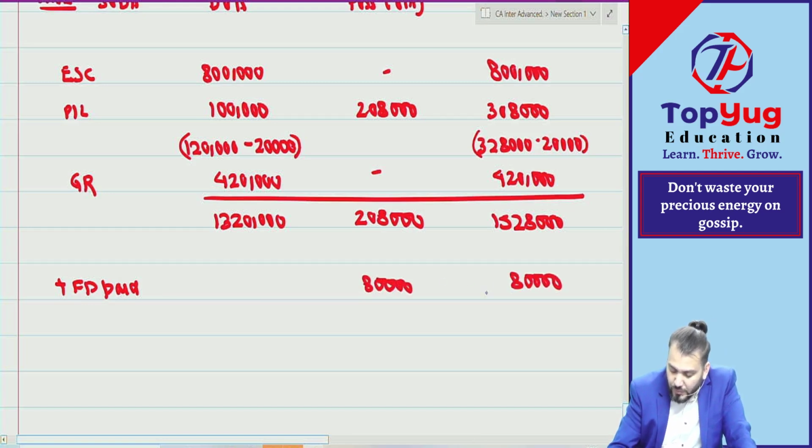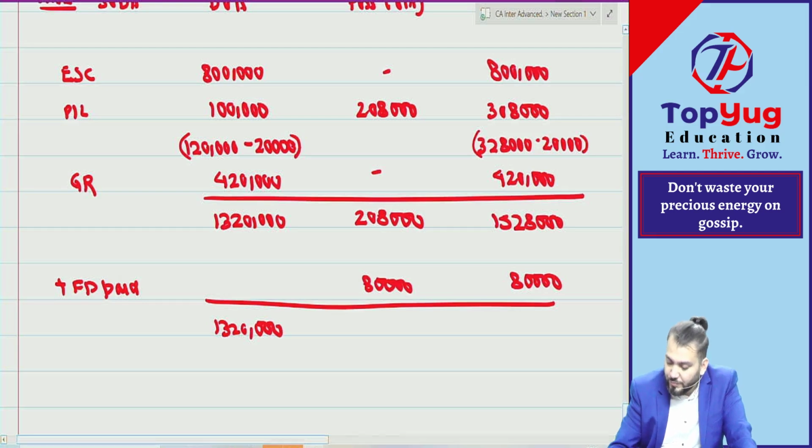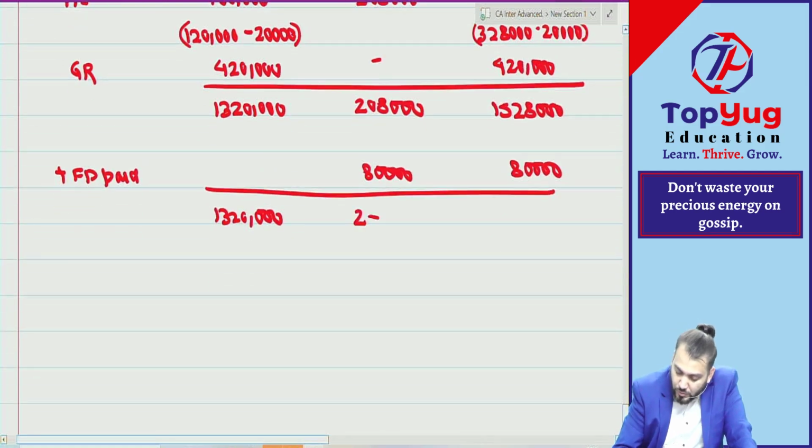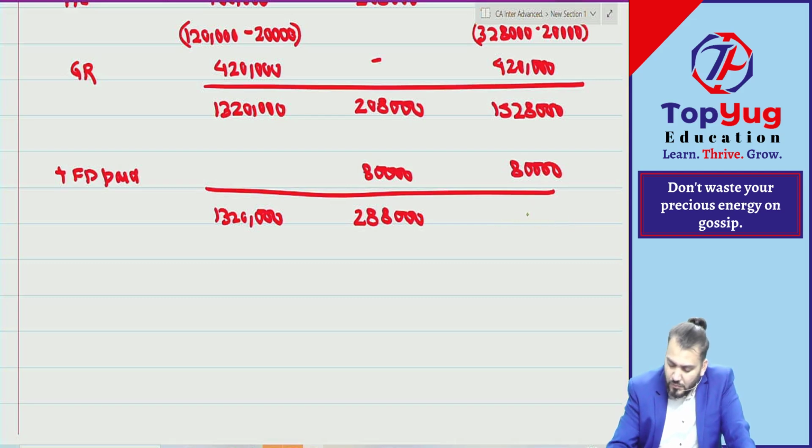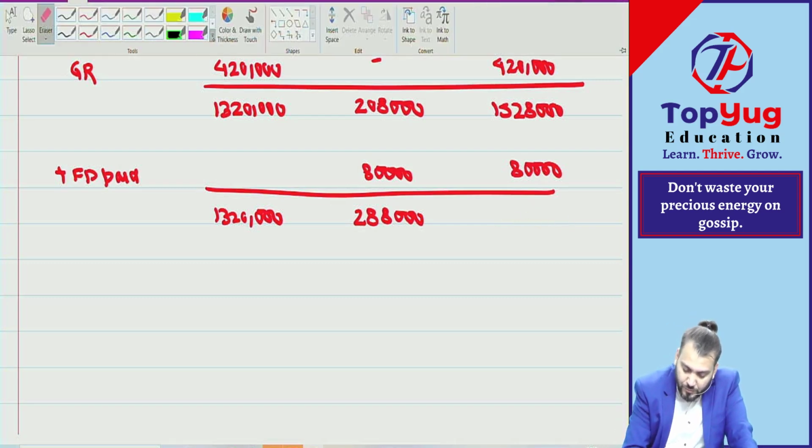I think no other adjustment. It is 13,20,000. How much? 2,88,000. This is how much? 16,28,000. 16,08,000.